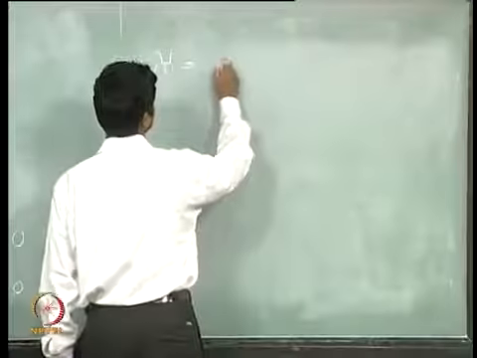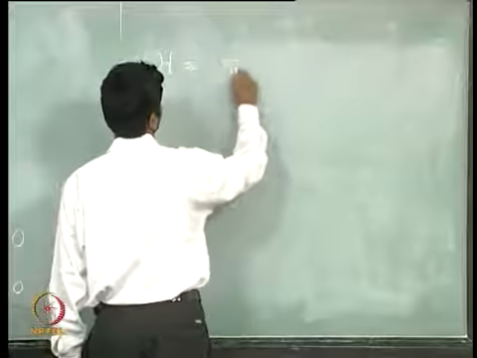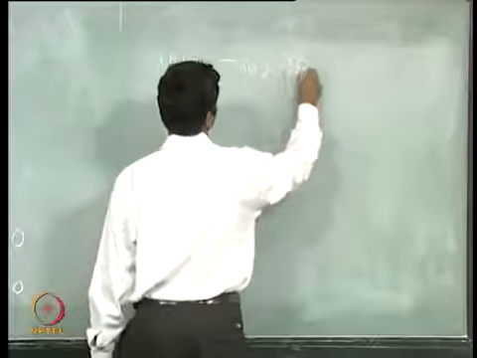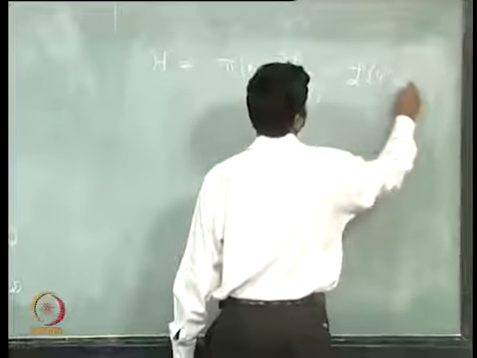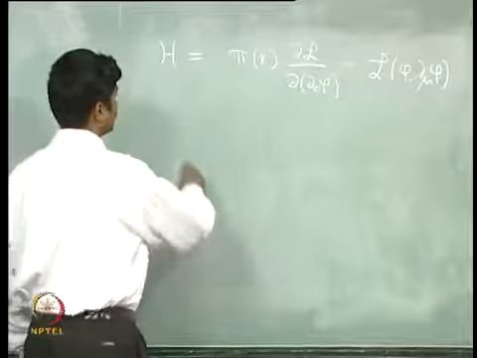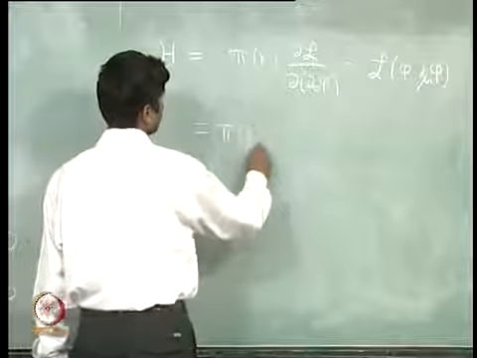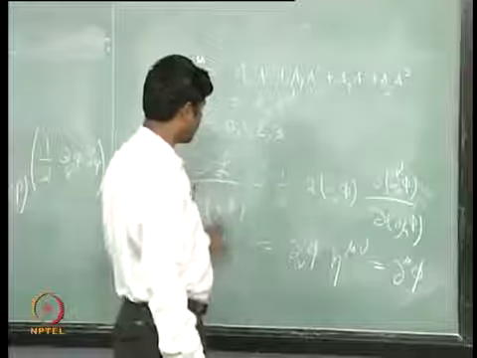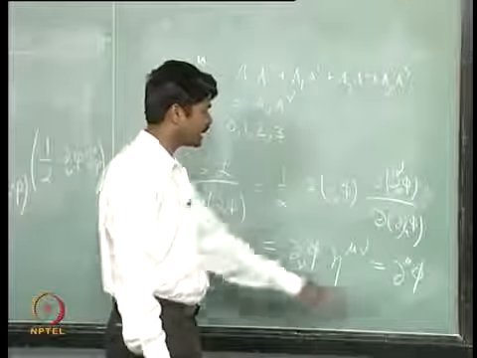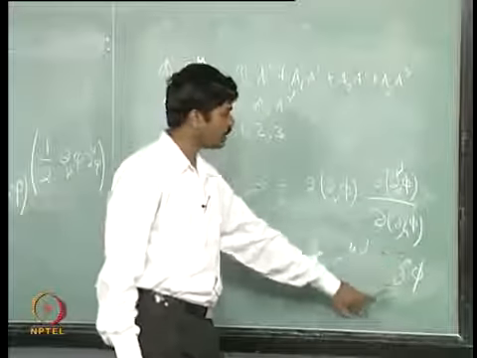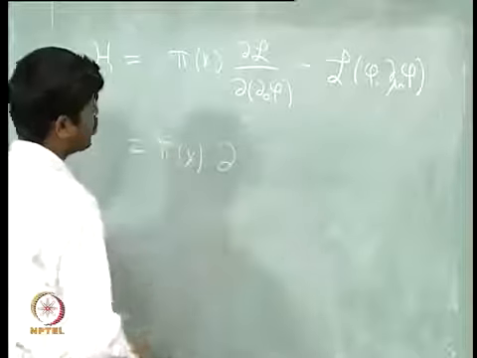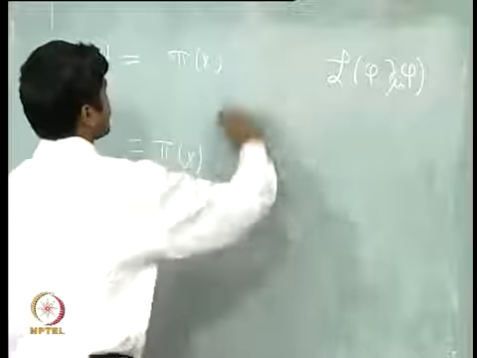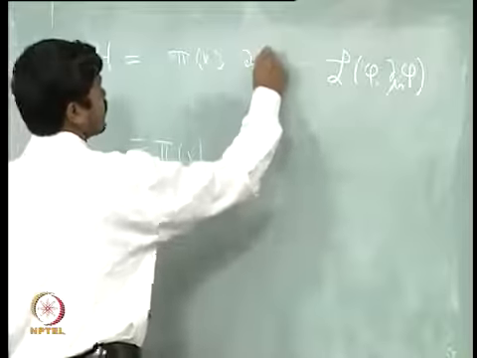H is equal to pi of x del 0 phi minus L. Here pi of x is del L over del 0 phi, and from this expression del L over del 0 phi is again del 0 phi.